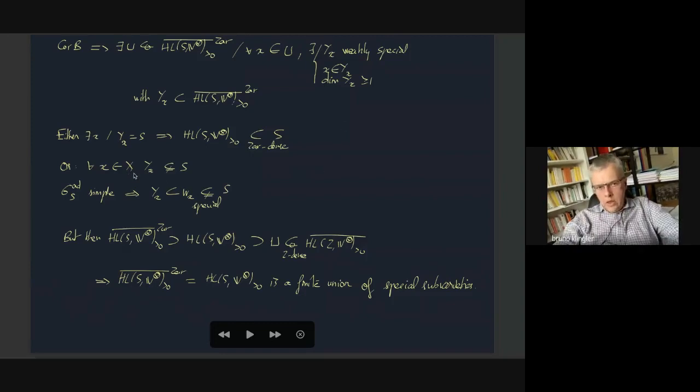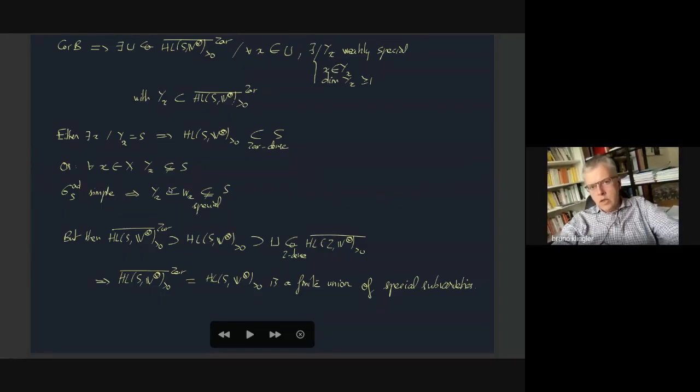And in the second case, this means that for all points X in this Zariski closure, the leaf, the weakly special Y_X, is strictly contained in S. Now, the important result here is that under the assumption, this is the only place where I use this assumption, that the generic Mumford-Tate group is simple, the geometry of weakly special subvarieties tells you that necessarily the weakly special subvariety is contained in a special one, which is also strict inside S.